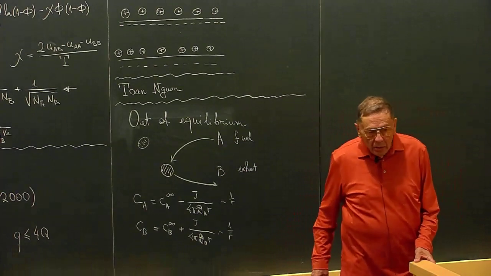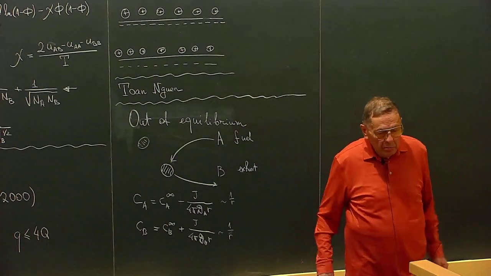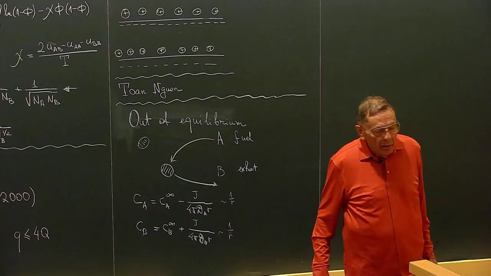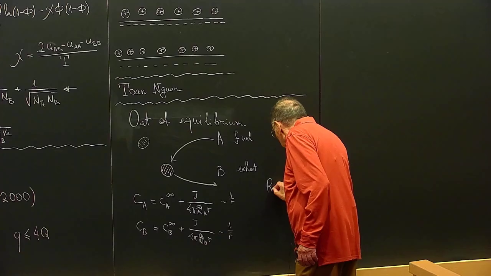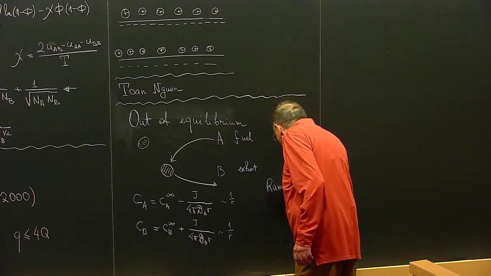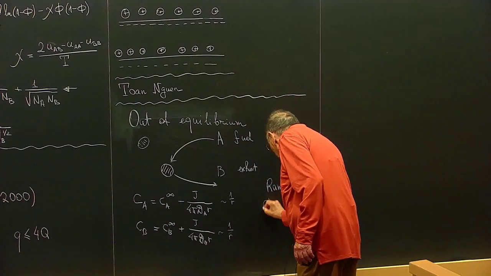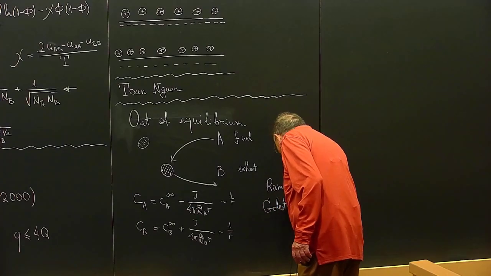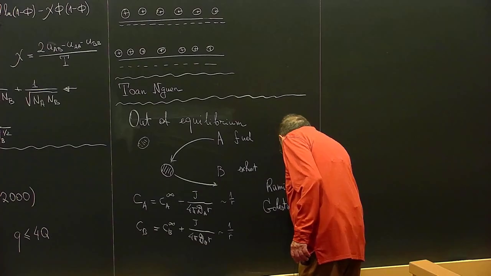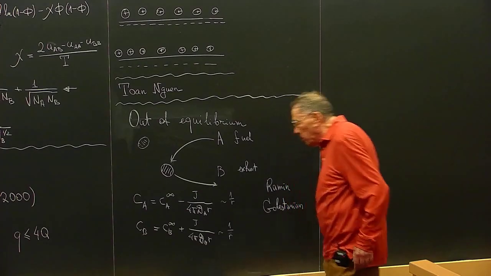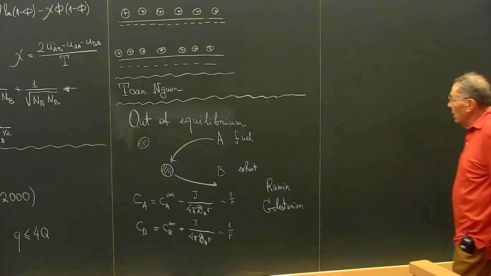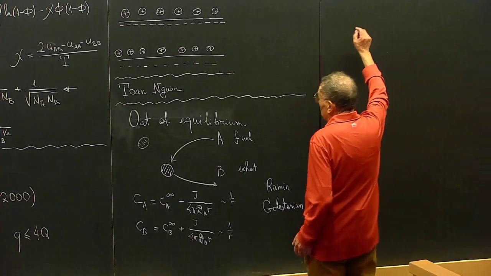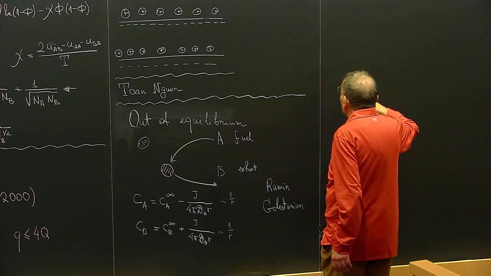So based on that, you can realize the whole zoo of, and this is mostly Ramin Golestanian, non-equilibrium quasi-Coulomb particle systems.